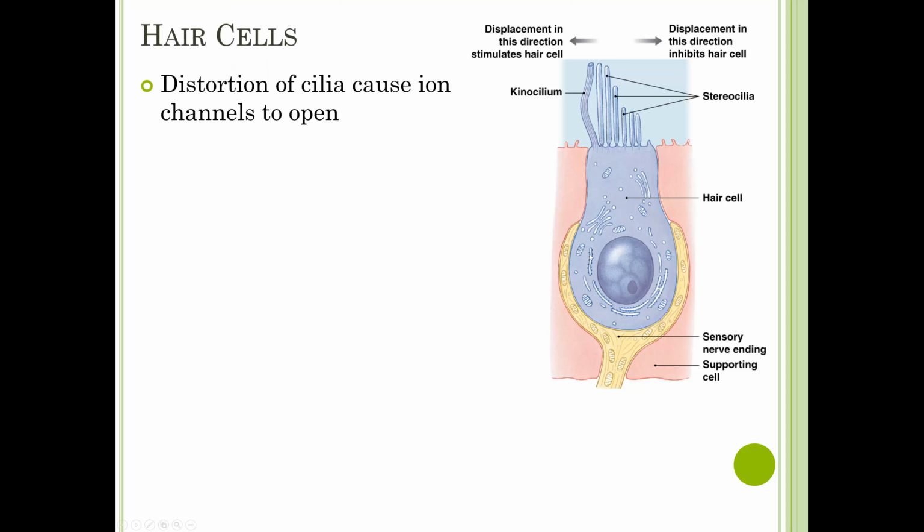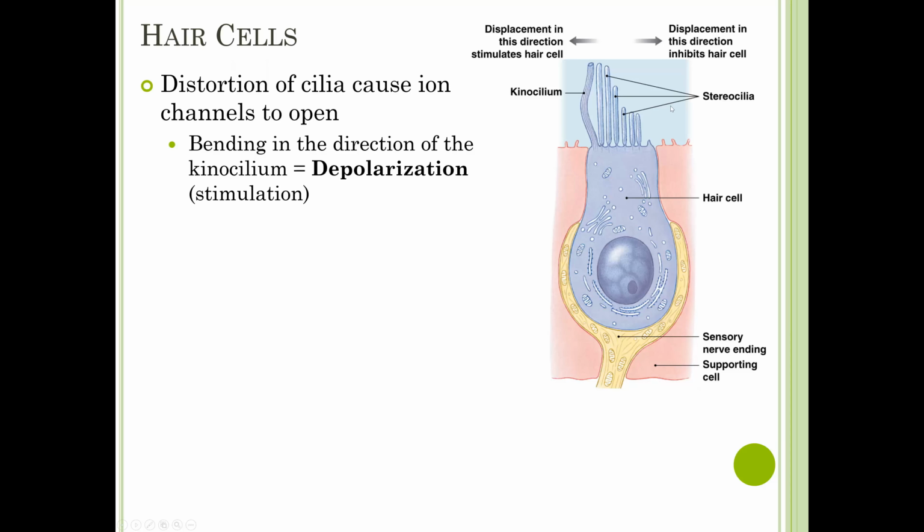So here's another view of a hair cell, and again we can see the stereocilia, we can see the kinocilium, and then note that the hair cells are also attached to sensory neurons. As I just mentioned, distortion of the cilia can cause these ion channels to open.